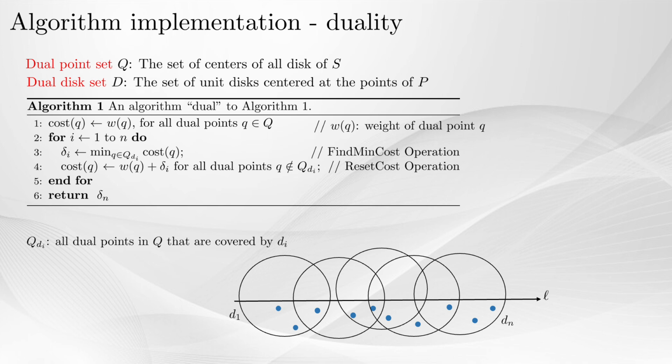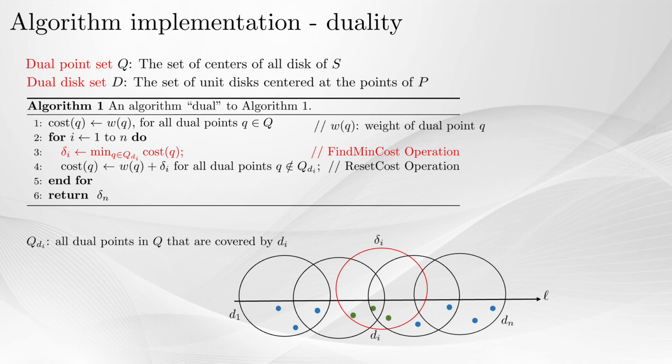Here we only introduce the differences between the two algorithms. Still, initially we associate the cost with all dual points Q here instead of the disks. Then we use dynamic programming to process the disks from D1 to Dn. For example, for Di, let QDi represent all dual points in Q that are covered by Di.